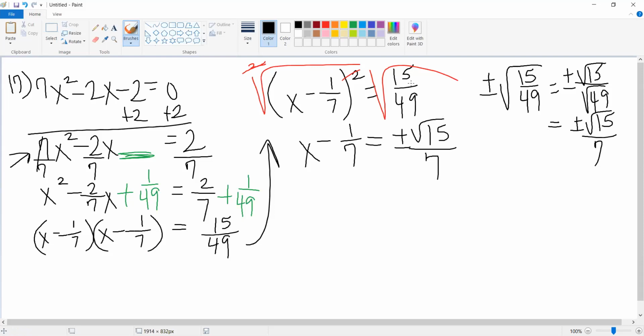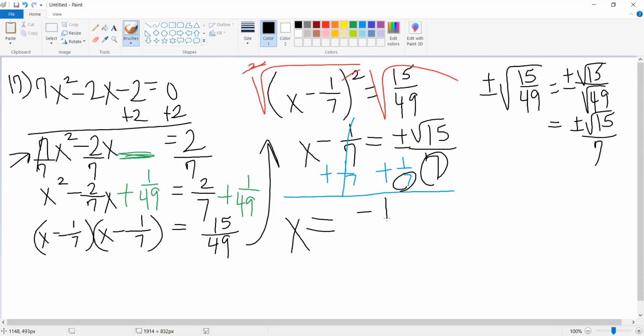The last step, we need to get x by itself. So that means adding 1/7 to both sides. So our final answer, because we have the same denominator now on the right-hand side, we can write our answer as one whole fraction.